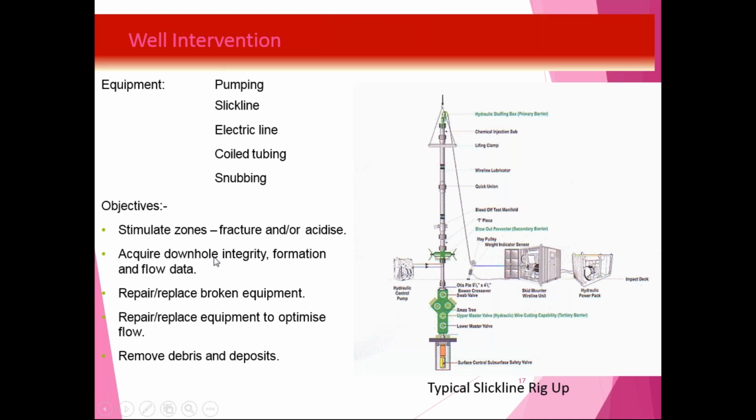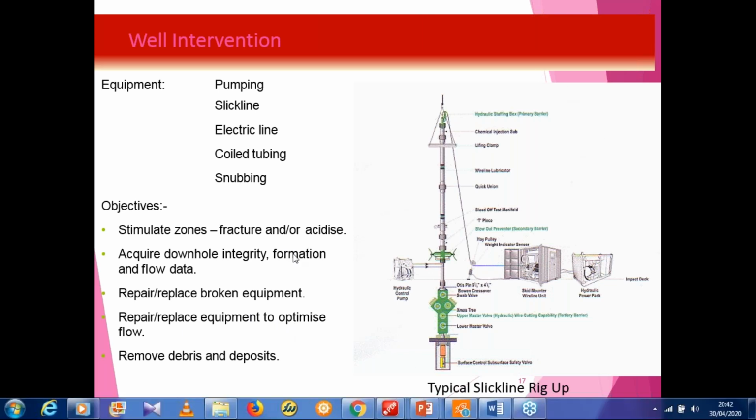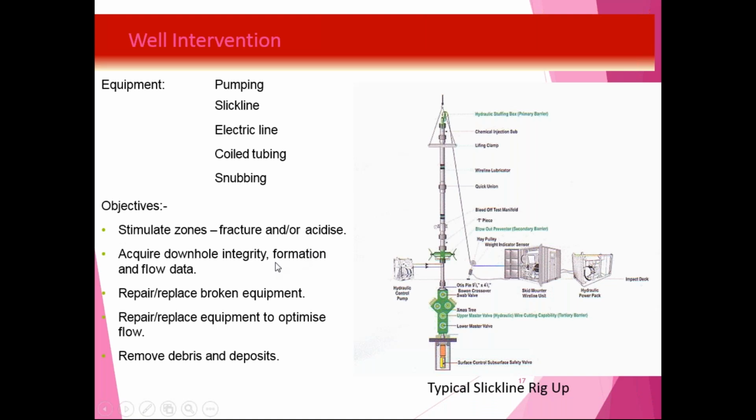The objective is to stimulate zone fracture. Another one is to repair or replace broken equipment. If for instance any of the devices or the equipment are faulty, it may need replacement. So we do that by well intervention. Then another is to replace equipment to optimize flow.